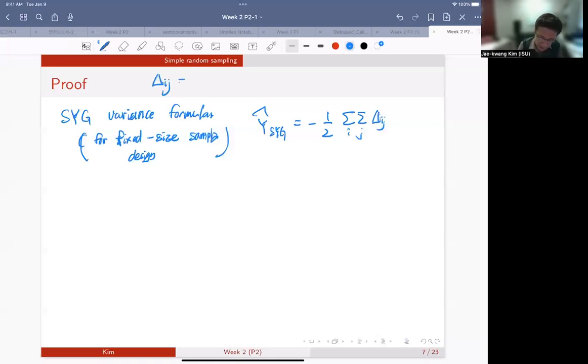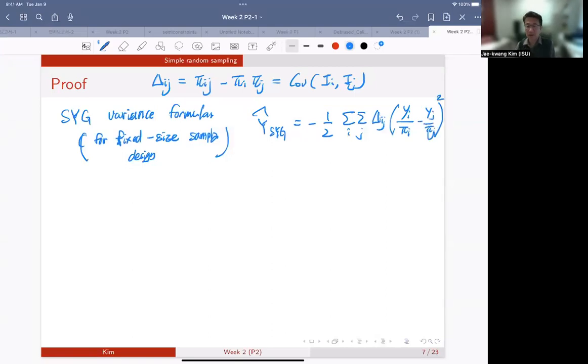Remember that delta ij is pi ij minus pi i pi j, which is essentially the covariance of Ii and Ij, and then times yi minus yj squared. Okay, so this is the formula for Sen h Grandi.